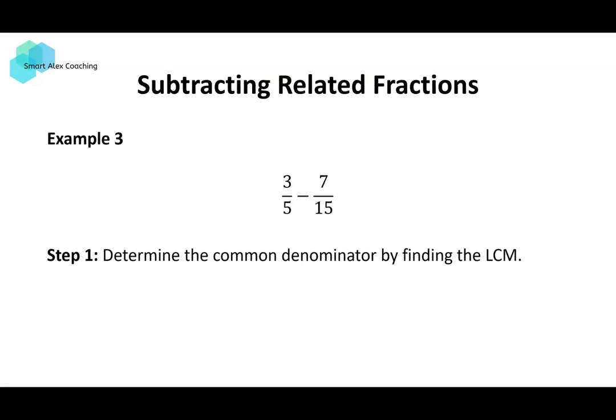When we subtract related fractions, it's also the same strategy. We need to first determine the common denominator by finding the LCM. From the previous example, we determined that the LCM of 5 and 15 is 15.